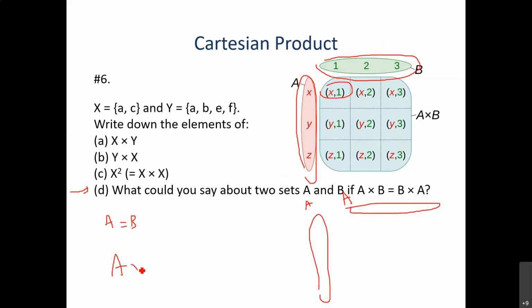So A cross B is different from B cross A unless A and B are the same. Simply just try to cross Y by X. Or actually, if you do part A and you do part B, you'll see obviously that you'll get different results.